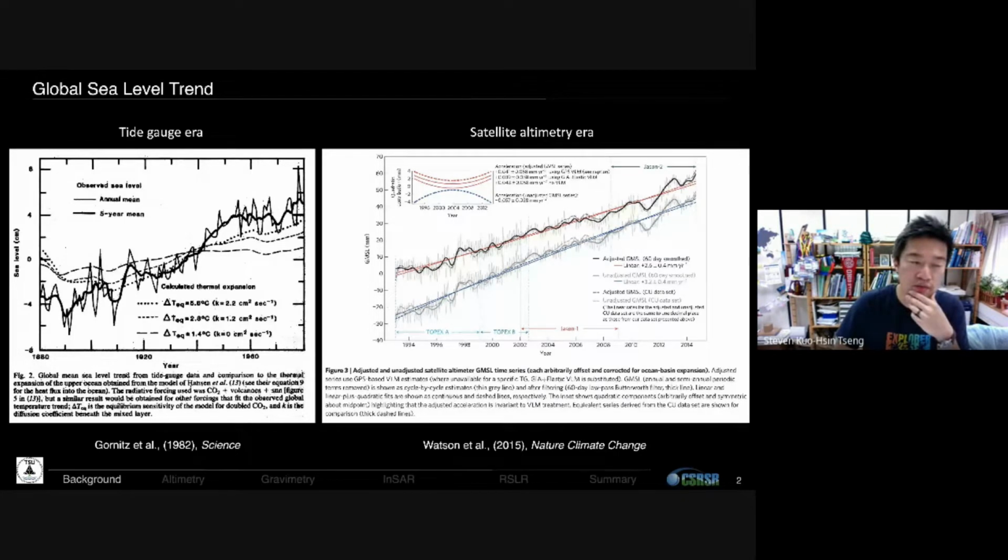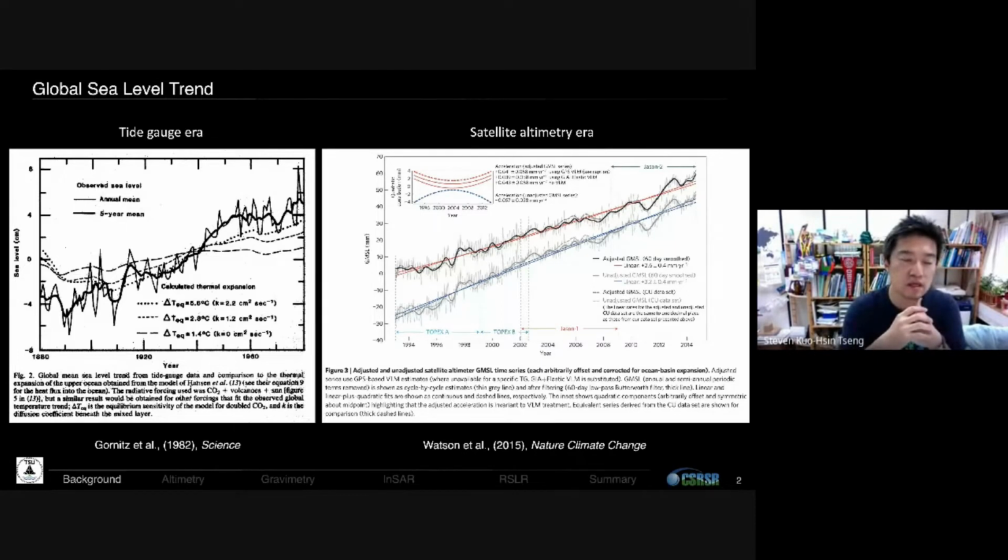You need to record the sea level every 6 minutes, or at least daily or even hourly readings, to ensure that you have good tidal variations in your record. So maintaining a tide gauge requires a lot of effort.